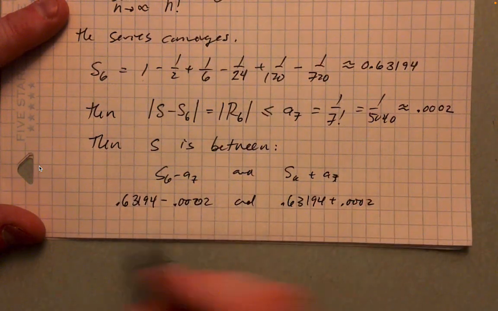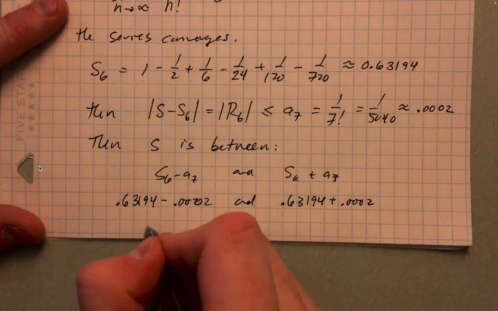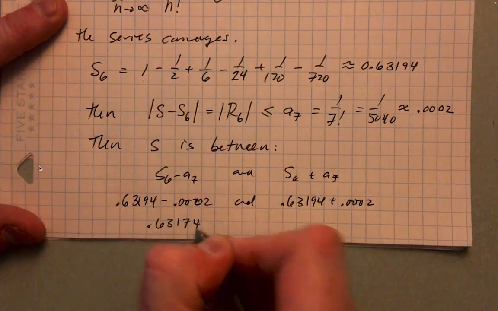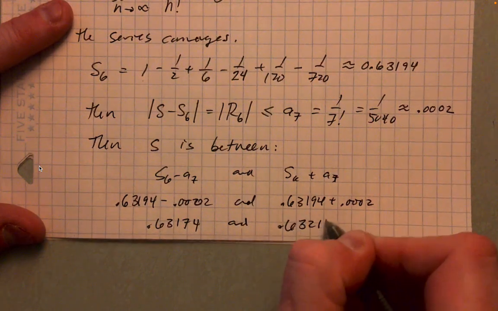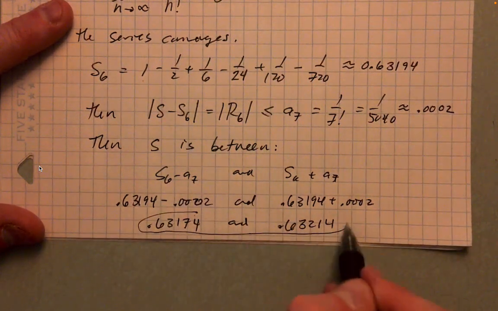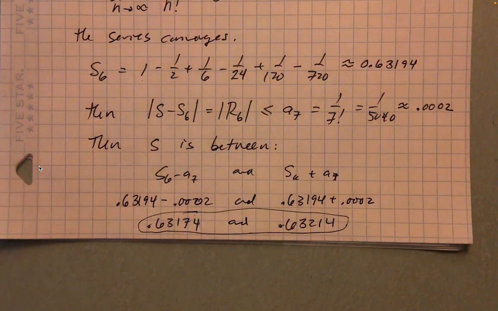Right, so it's going to be in there, and technically those numbers are 0.63174 and 0.63214. Right, so it's a pretty tight range actually for this guy. You'd probably be safe to say it's approximately 0.632. So right in the middle of those two numbers probably. So there's a good example.